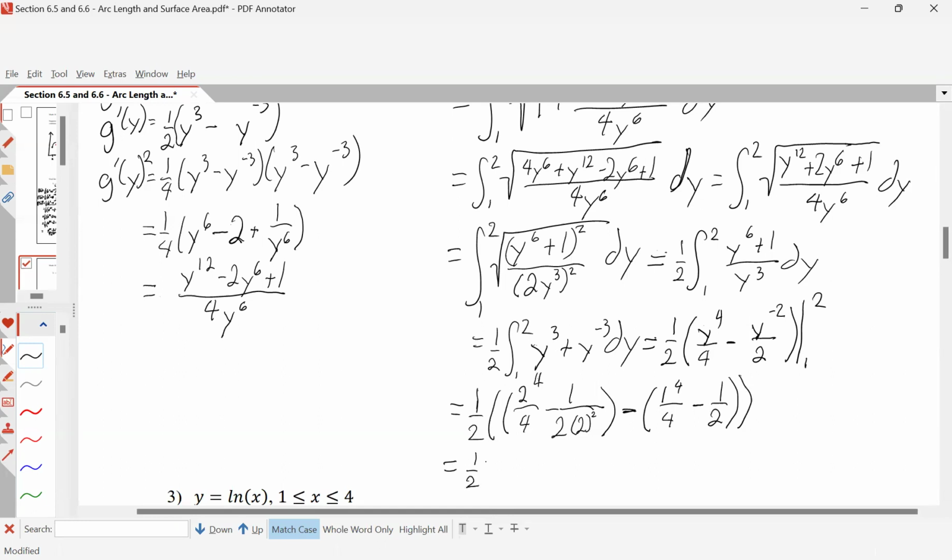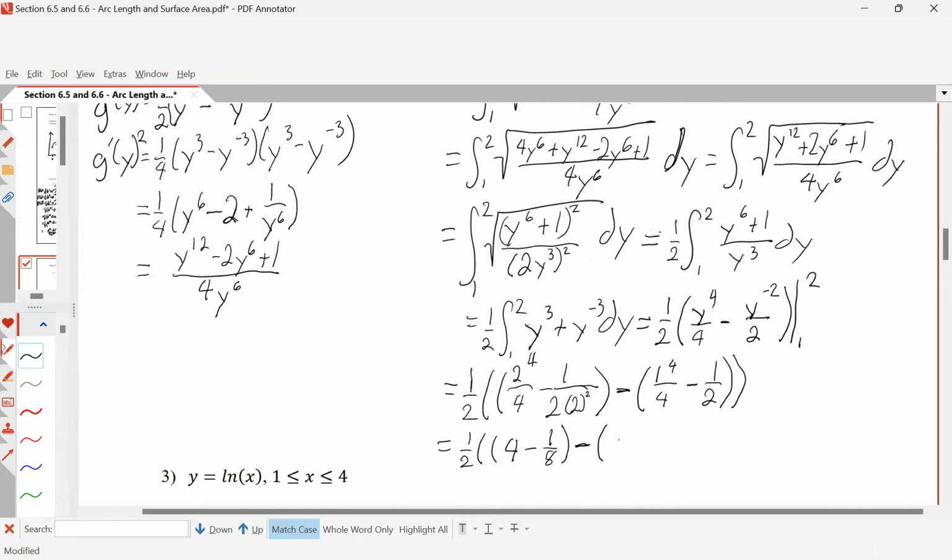This equals 1/2 times 2 to the 4th over 4, which is 16 over 4, or 4, minus 1 over 8, minus 1/4 minus 1/2, which is a negative 1/4.